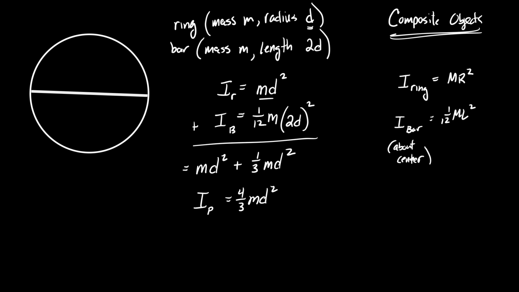But imagine it with maybe 4 spokes or 6 spokes, something like that. It's not much different. You'll just have multiple bars. If there's 2 of them to make 4 spokes, you just multiply this by 2. It's not a huge deal, but it's something to keep in mind. The test writers can do little things like that. Don't be thrown off. Moments of inertia add together.